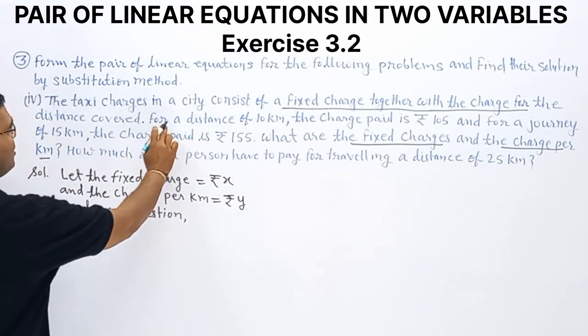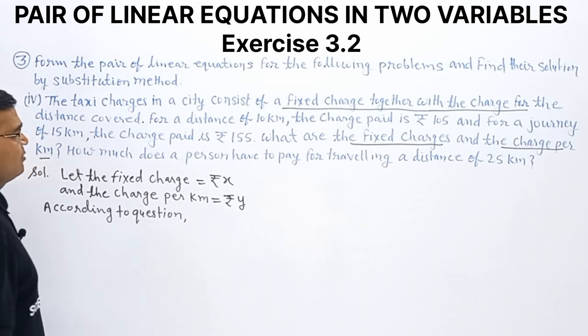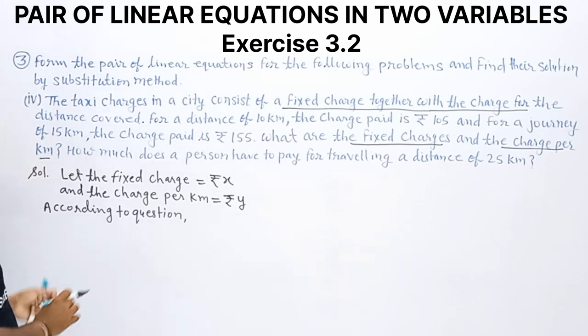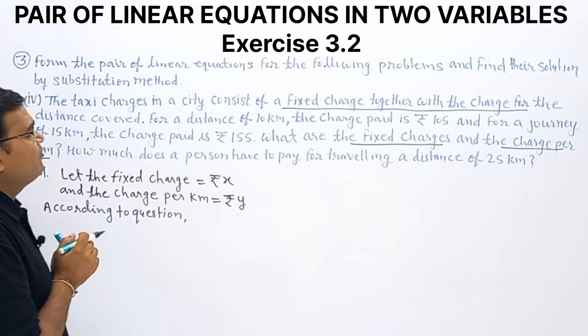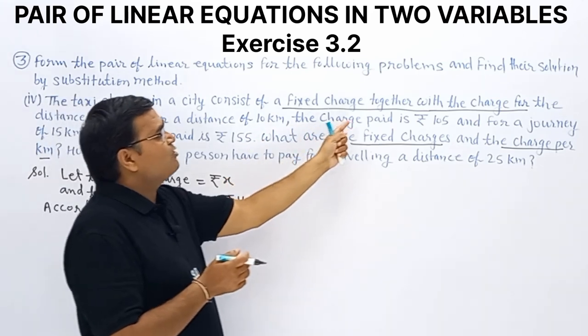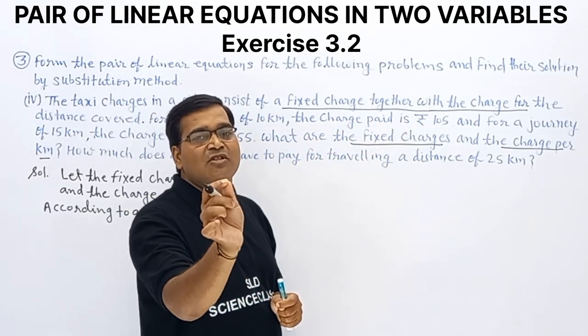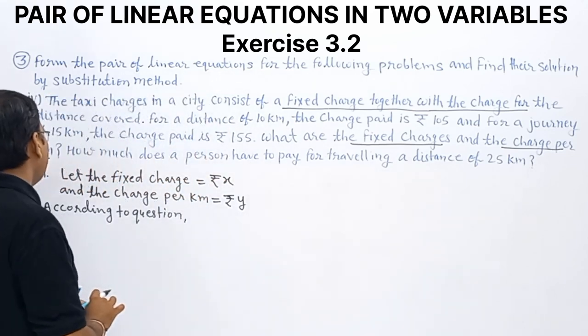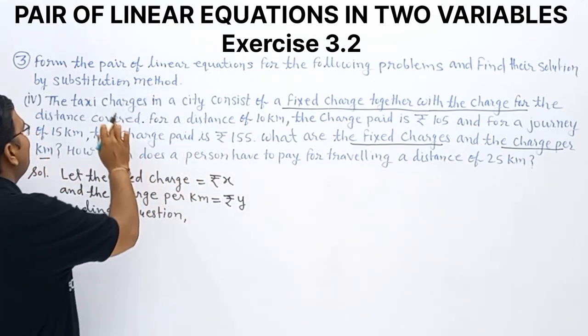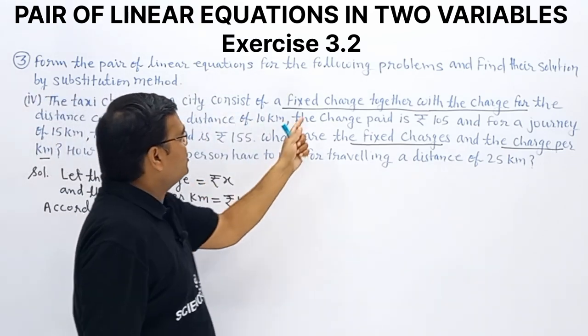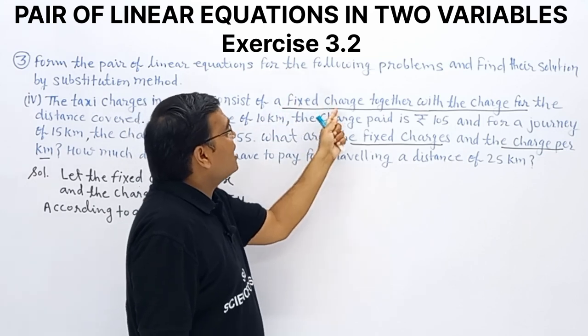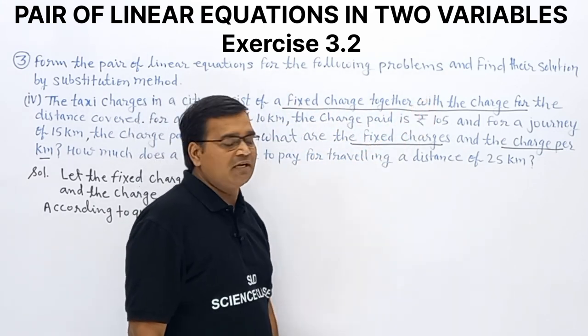According to the question, for the distance of 10 kilometers, whatever charge we paid is the fixed charge plus the charge per kilometer. Why are we writing like this? Because in the first sentence of the question we have a fixed charge together with the charge per kilometer.